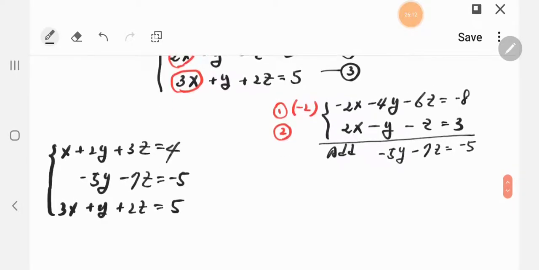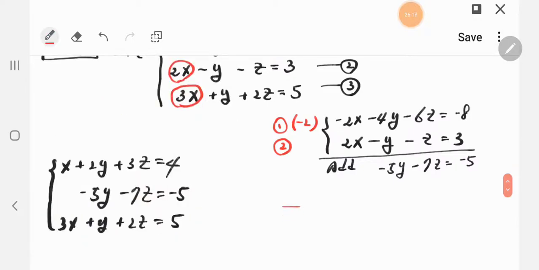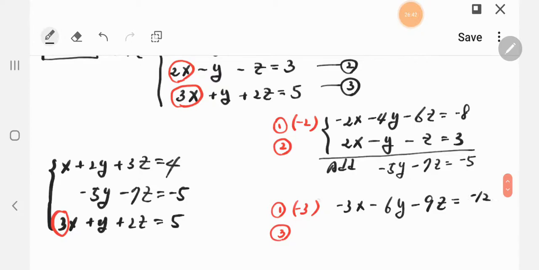Okay, now let's get rid of 3x. So why don't we multiply the first equation by negative 3, and the third equation is unchanged, because we want to get rid of this 3. So the first equation should start with negative 3. Then multiply the first equation by negative 3, so negative 3x, negative 6y minus 9z equals negative 12.